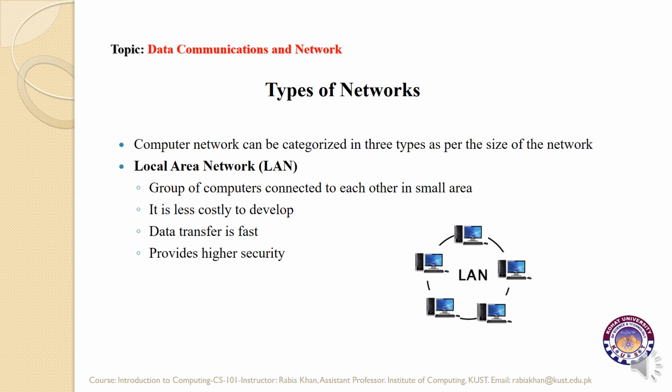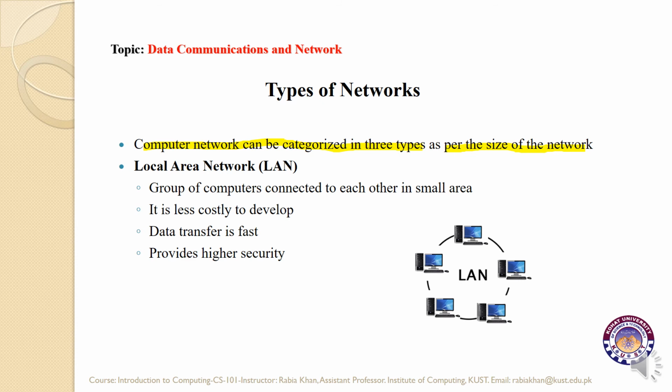There can be different types of computers, and computer networks can be categorized into three types. On what basis are data networks categorized? They are categorized according to their size. So types of networks are mainly dependent on the size of the network.